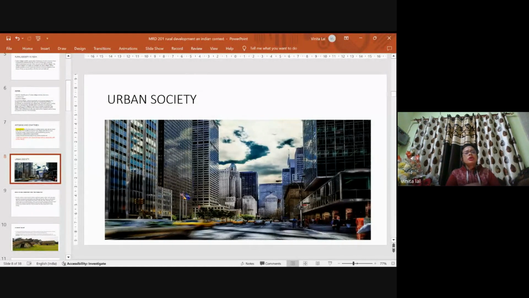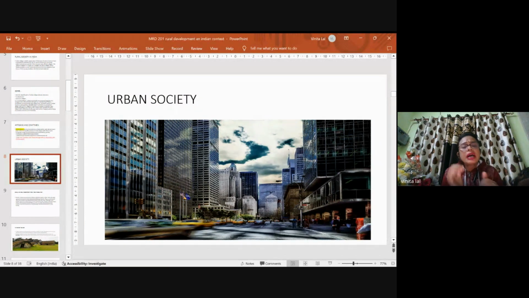Now, what is an urban society? It refers to anything connected to cities and towns, whether it is living or anything taking place in these locations, and it is defined as a way of life among city and town inhabitants and how they all interact with each other.